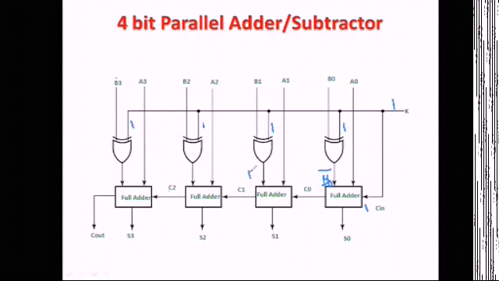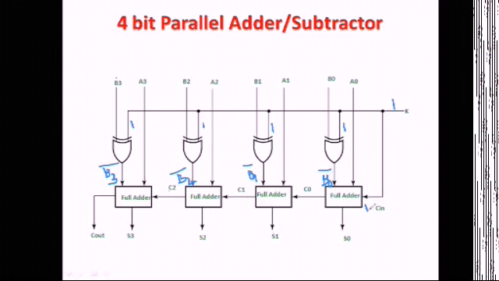Similarly it will be B1 bar, this one will be equal to B2 bar, and this one will be equal to B3 bar. So ultimately you can see that this is nothing but the 1's complement.